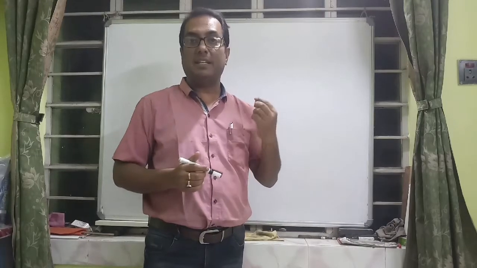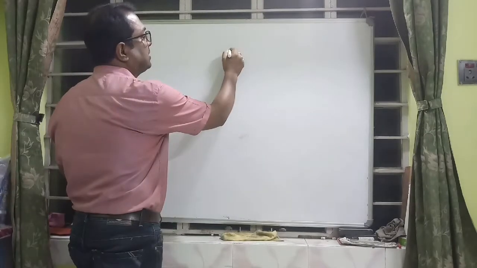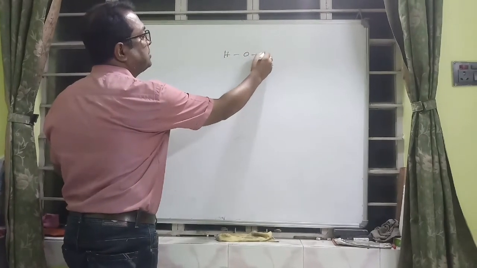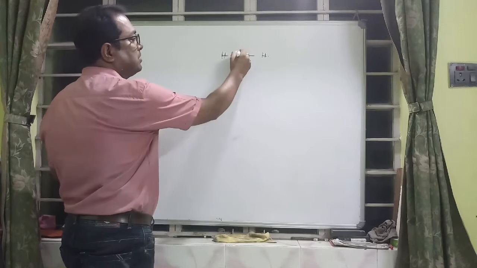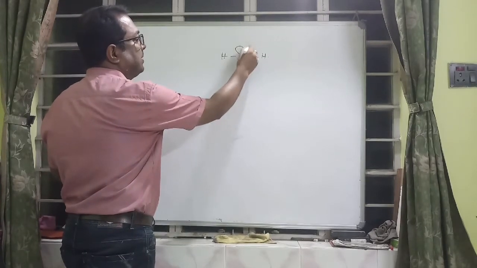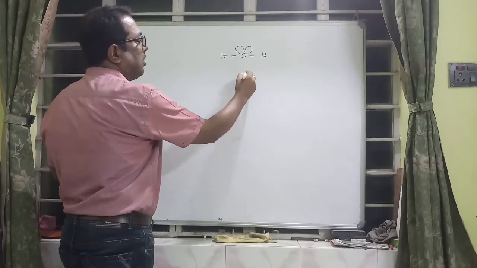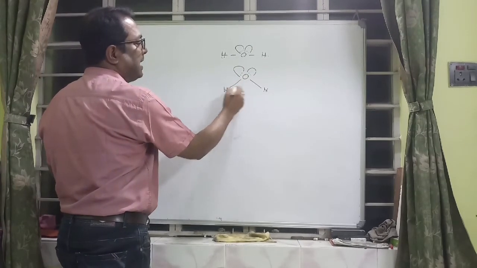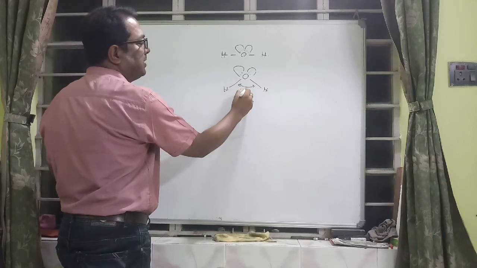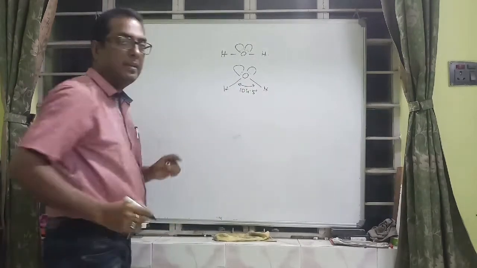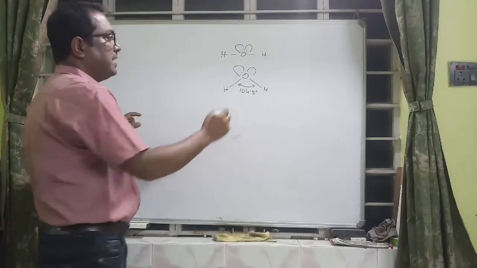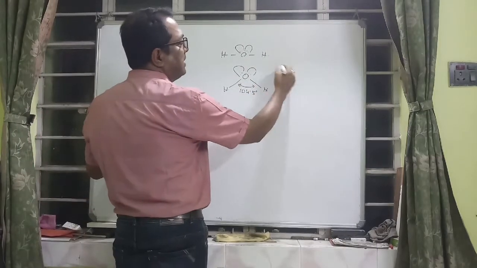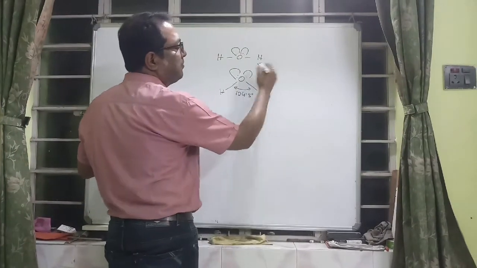I would like to say that it is actually a water derivative. If you know about water, HOH, with two lone pairs of electrons on the oxygen, having the hydrogens in a bent shape of 104.5 degrees. Similarly, alcohol is just a derivative of water.